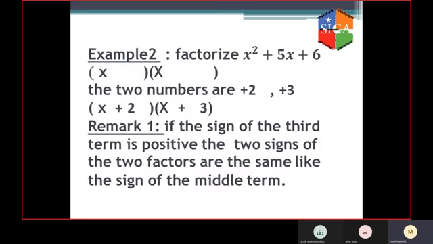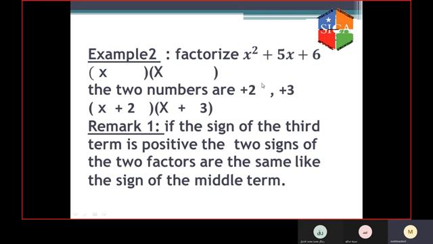Another example. Here the last term sign is positive, so the strategy is product sum. Positive means sum. Then we search for two numbers whose product is 6 and whose sum is positive 5.